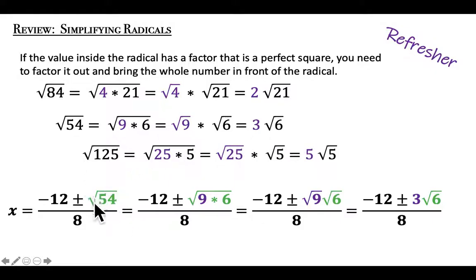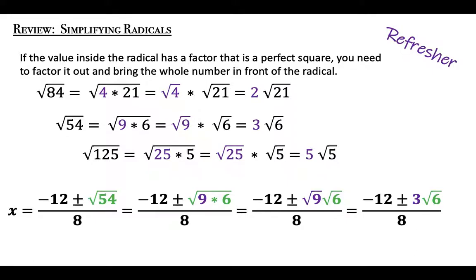We recognize that we can reduce the square root of 54. So we change it into the square root of a perfect square times whatever value would equal 54. Then through our next steps, we restate this original expression as negative 12 plus or minus 3 times the square root of 6 over 8.